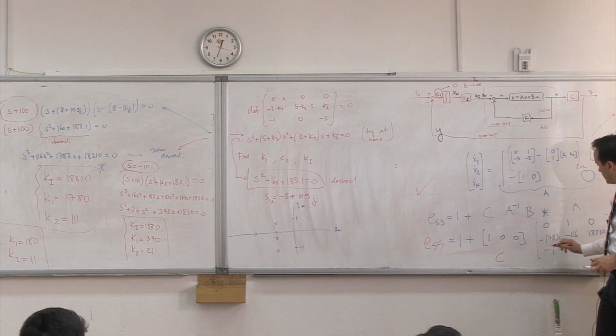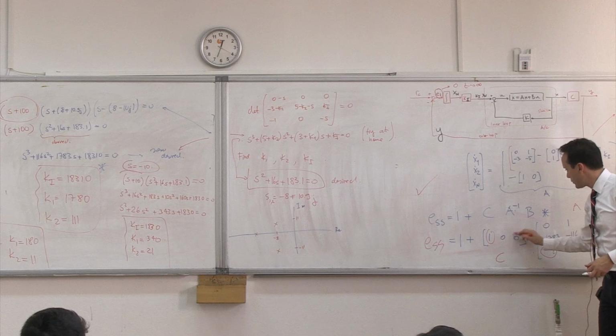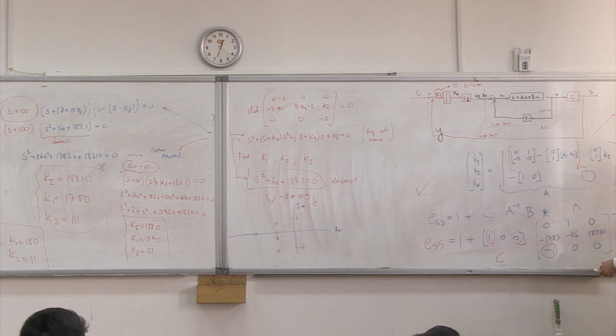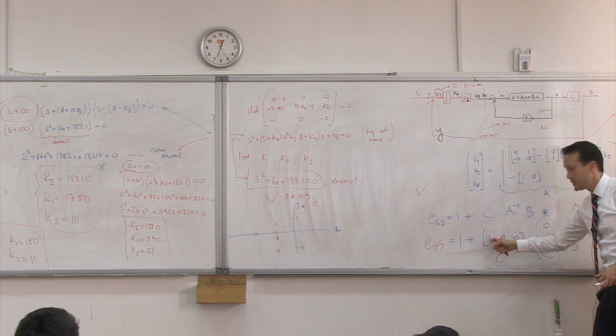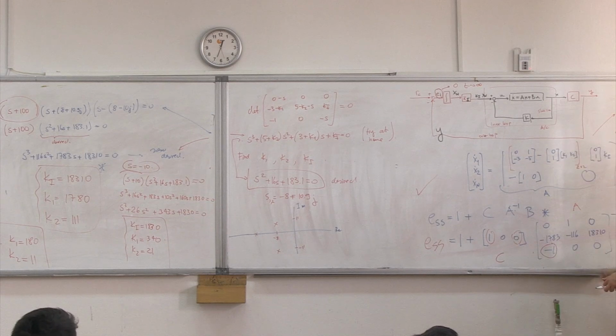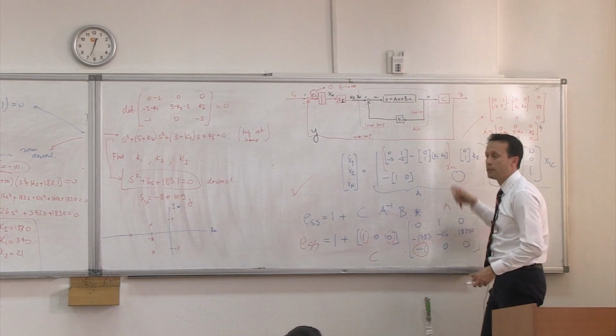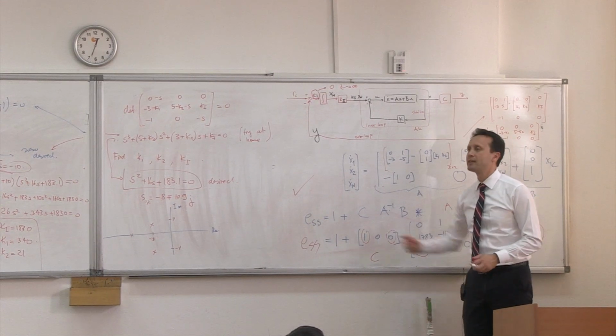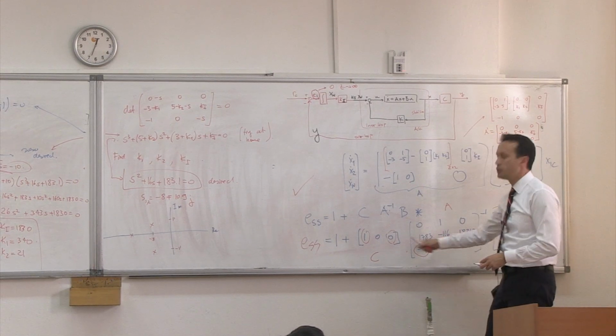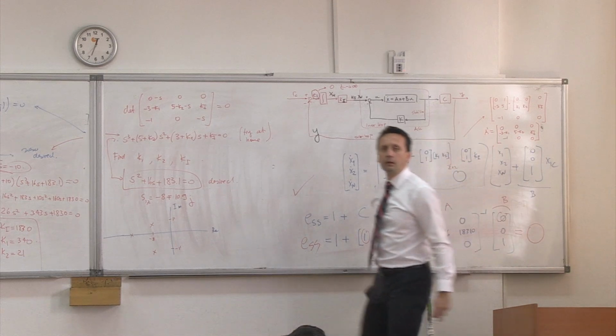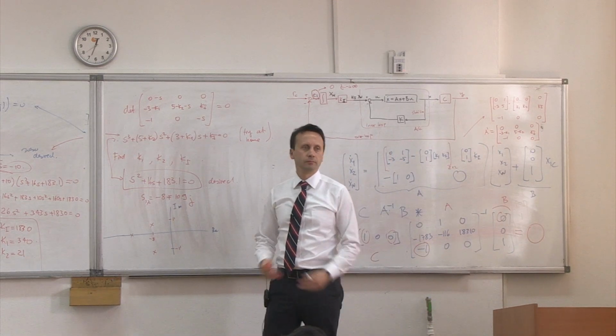You know why? Because of this, this, this, this. You will always have 0, 0, 1. You will always have 1, 0, 0. And you will always have this minus C, which is minus 1, 0, 0. Because of these lines, it will always come out to be 0, regardless of what you use here. Okay? So, see you next time.